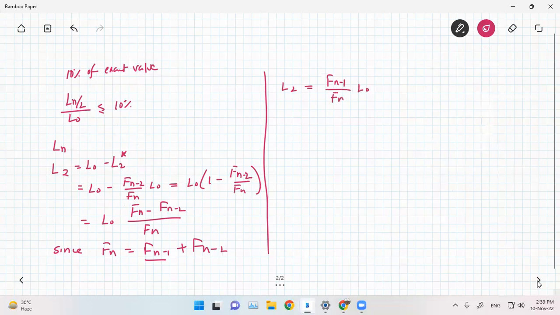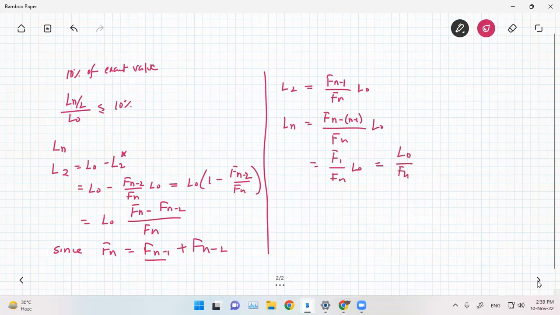So for the nth case, since we have to carry the operation up to the nth operation, similarly Ln will be Fn minus (n minus 1) over Fn, so basically it will be F1 by Fn times L0. We know the value of F1 is 1, so basically it will be L0 by Fn.